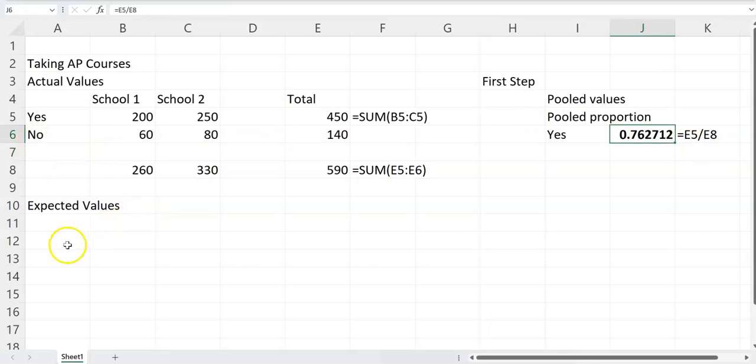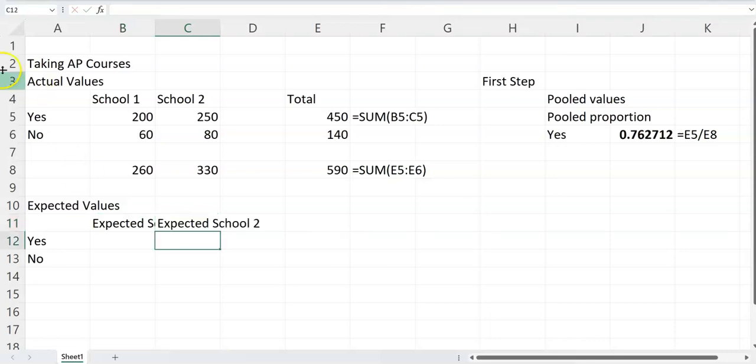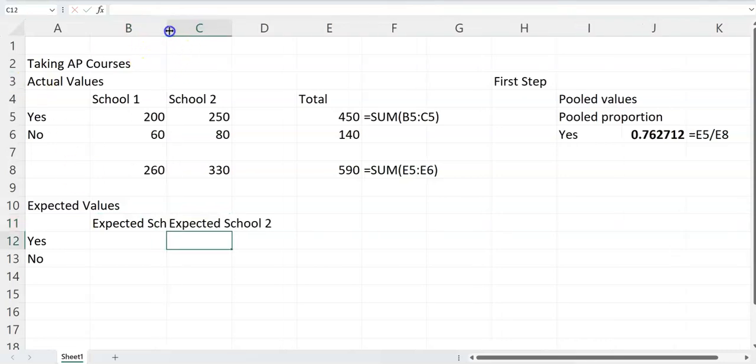So for the yes and no values, we are going to call them expected for school 1 and expected for school 2. That is, if both schools had the same proportion as the pooled proportion, what would be the values for those?